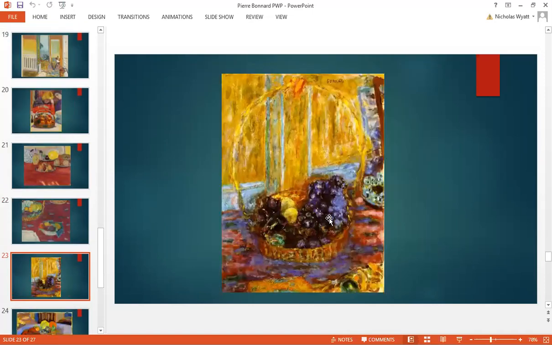The grapes in this basket with the wall beyond illuminated in this, I would imagine, end of day intense warm light that is extracting from the yellows, the oranges, the greens, the blues and the whites that he's juxtaposing, cool against warm colours, violets against yellows.